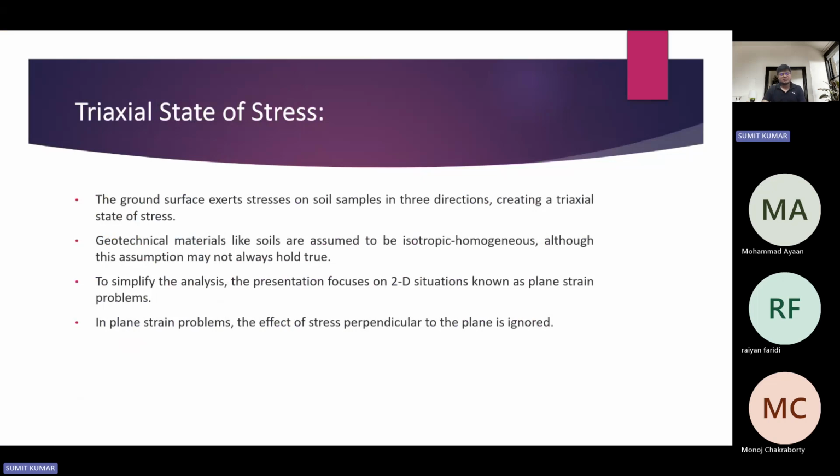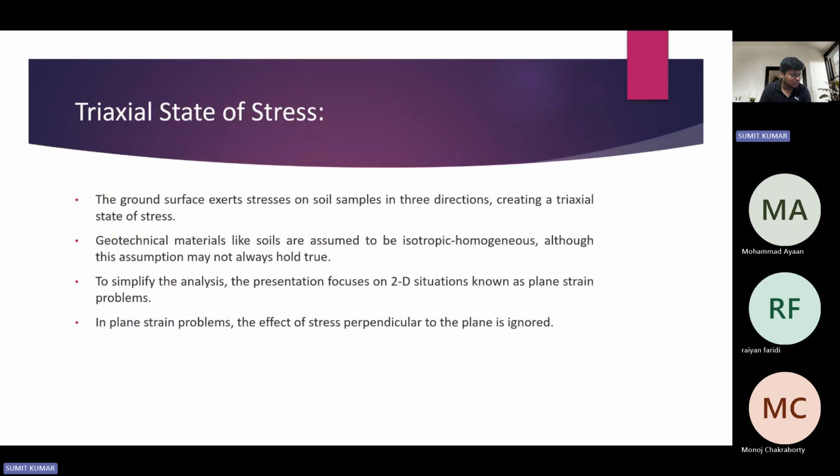When we move below the ground surface and take some cross section of the soil, some stress is applied at that cross section. Let me take some box. Suppose this is the cross section of soil below the ground surface.